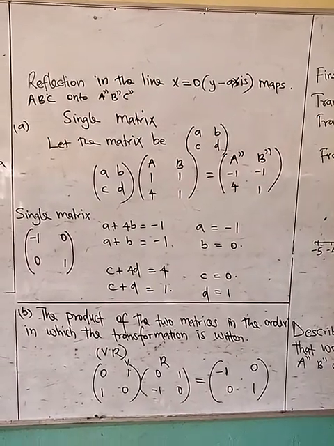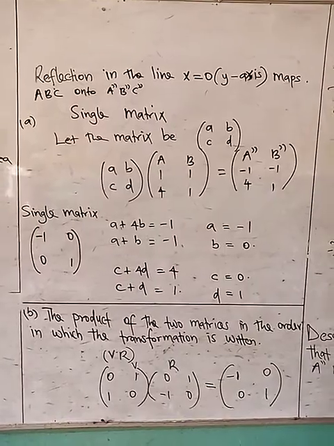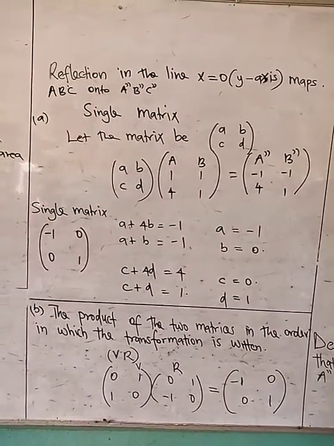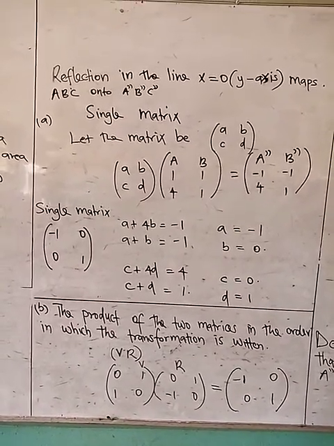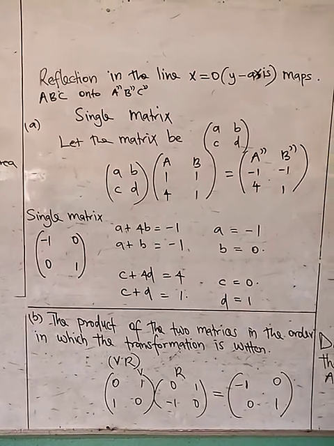However, there is another way you can get the single matrix, apart from letting the matrix of transformation be (A, B; C, D). We can also take the two matrices that were used in the transformations earlier.